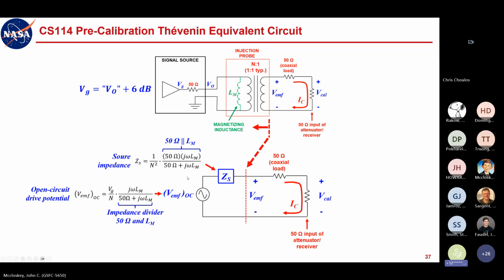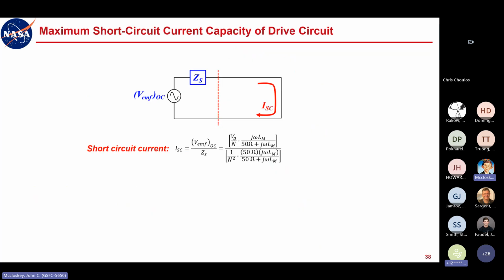Well, the short circuit current is a direct function of those two things, right? When you go to inject into a cable under test and it looks like a short circuit, then the current you're going to get is the open circuit potential divided by the source impedance. Well, this kind of looks like a mess, right?